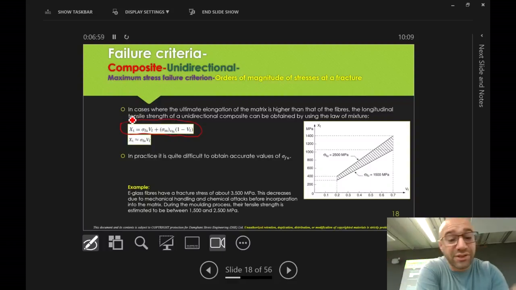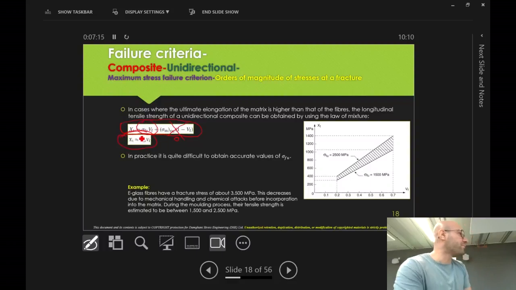We can safely ignore that bit, say this is almost zero. Matrix doesn't really do much in load bearing. So you can approximate that by just this term here, as you can see. Understood?